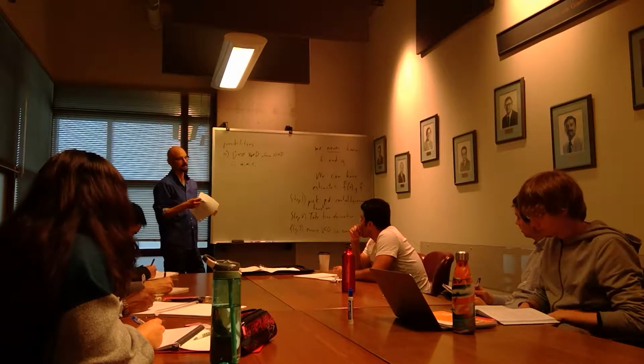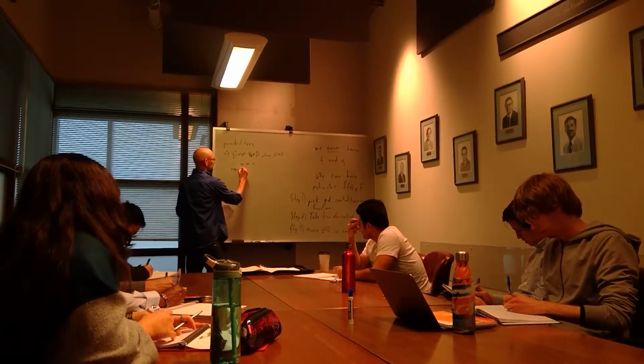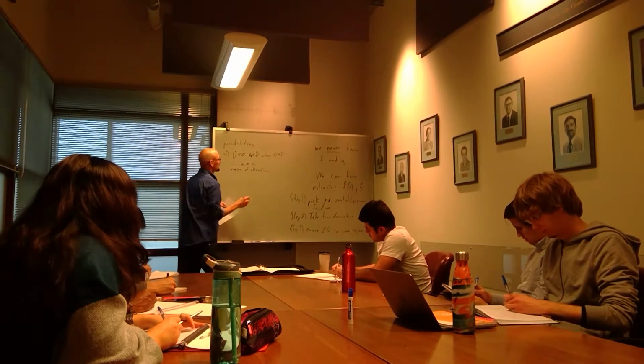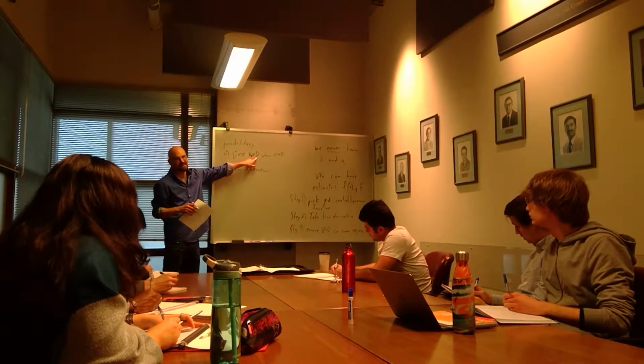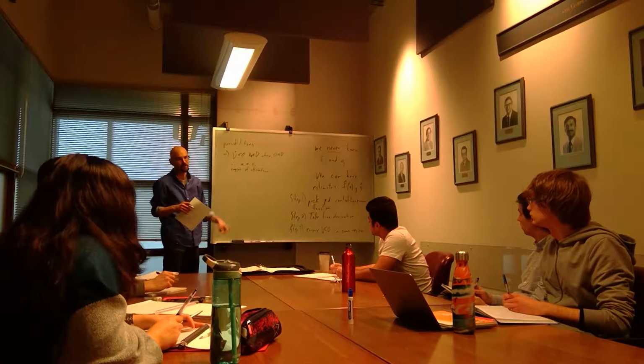In that case, you get something uniformly asymptotically stable, and you get a region of attraction. Is my region of attraction D? It's the region of attraction D. Everyone remember?